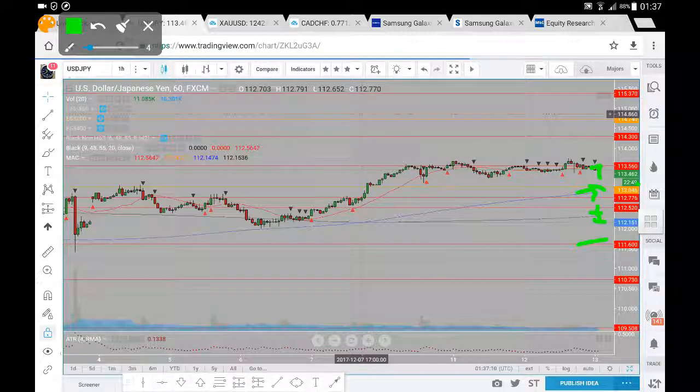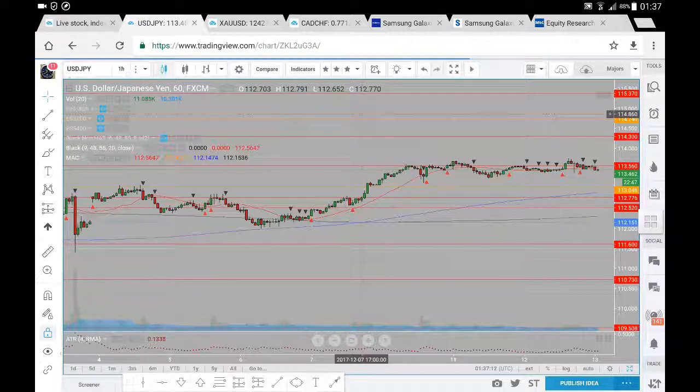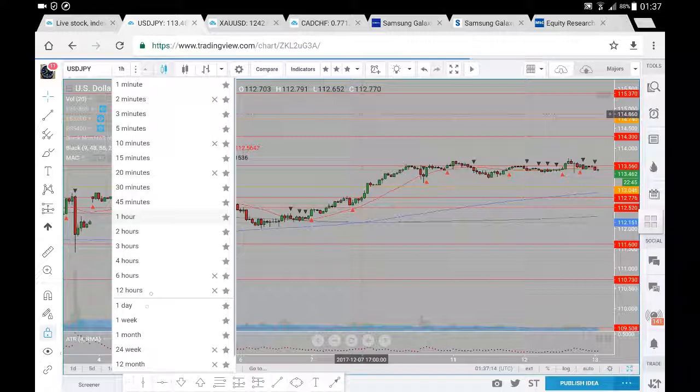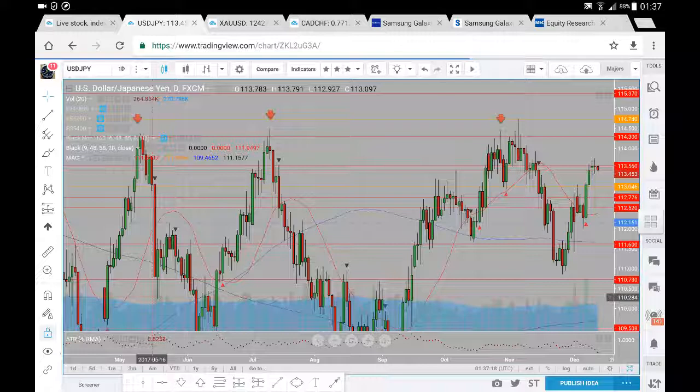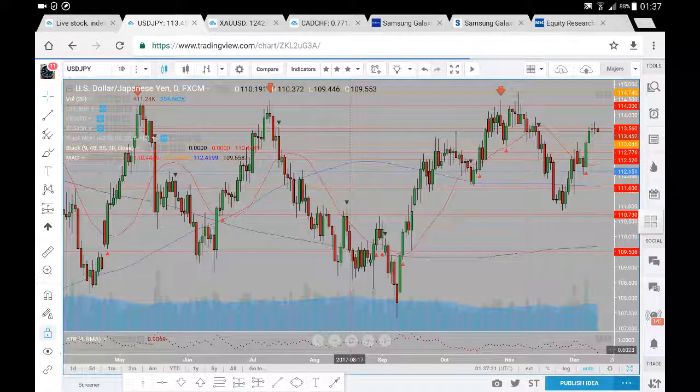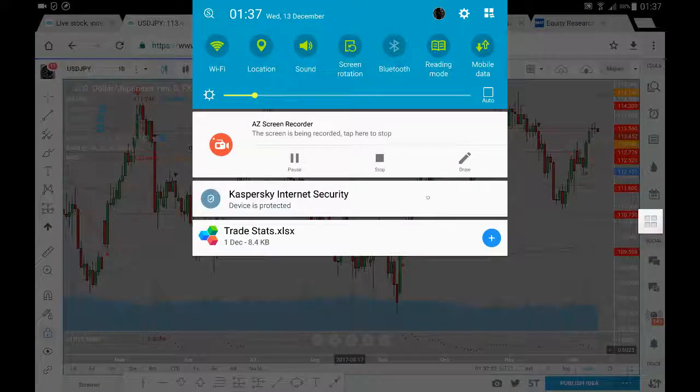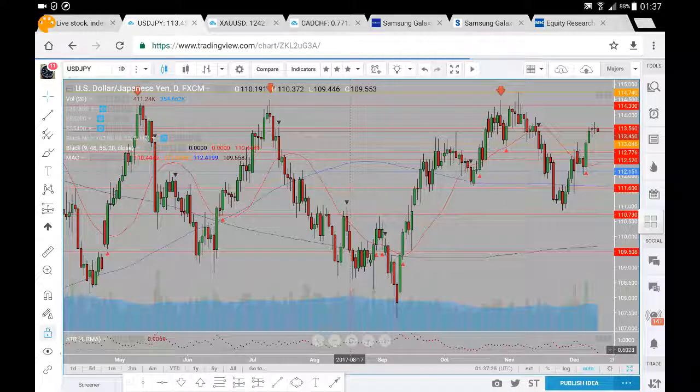Now, with that said, let's have a look at the daily time frame, as we've had a look at the horizontal levels as well as the dynamic levels. So on this daily chart in US dollar Japanese yen, as you can see, 114.30 has been a very strong level. We have seen quite a few sell-offs from this 114.30.